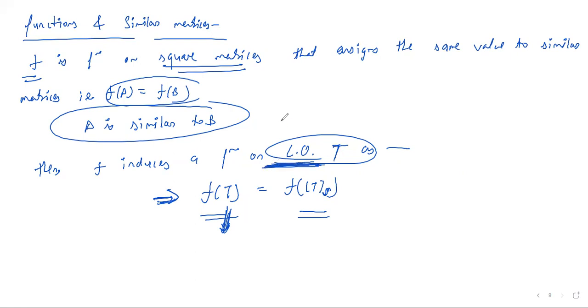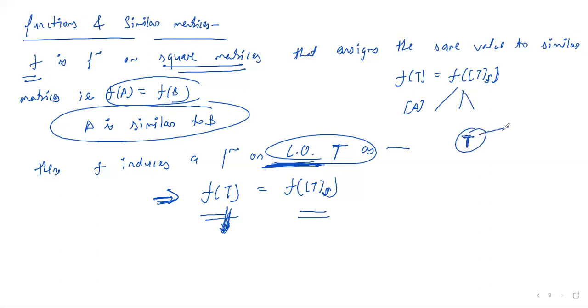That means f of T is equal to f of T with respect to S. There are many functions which come under this, and there are many bases. Okay, let's see it like this: I have this transformation T.